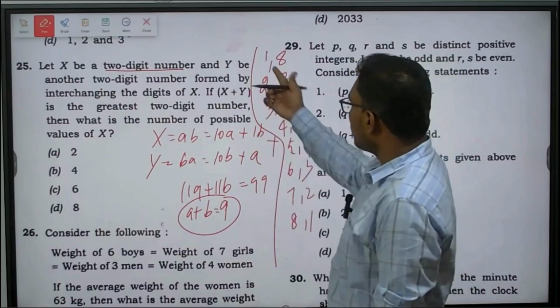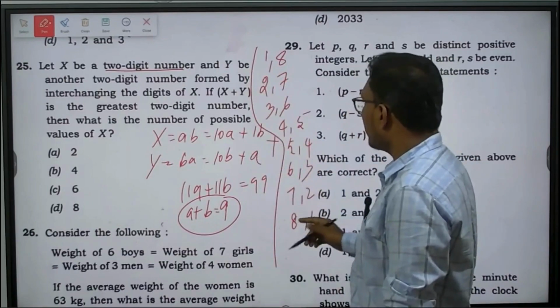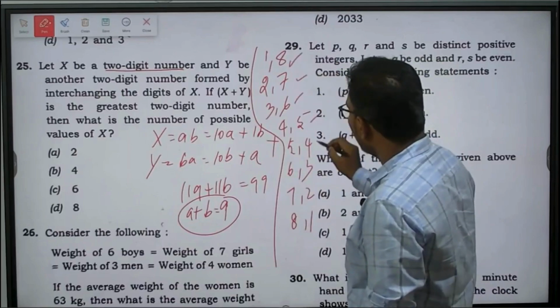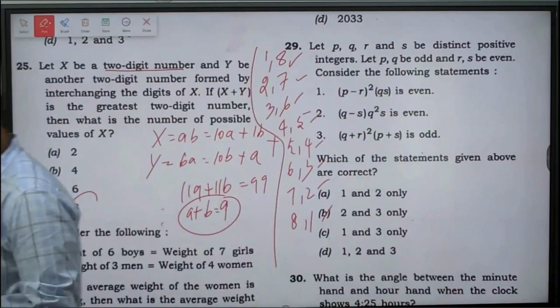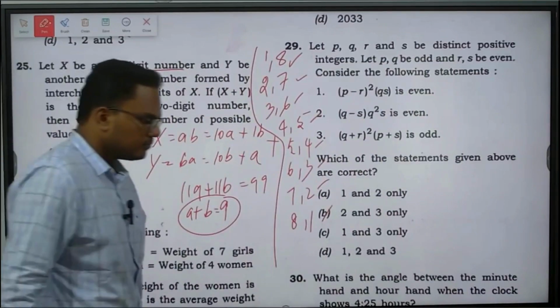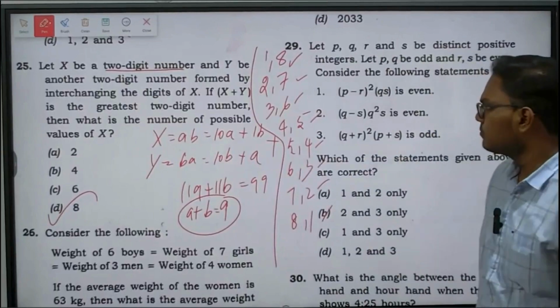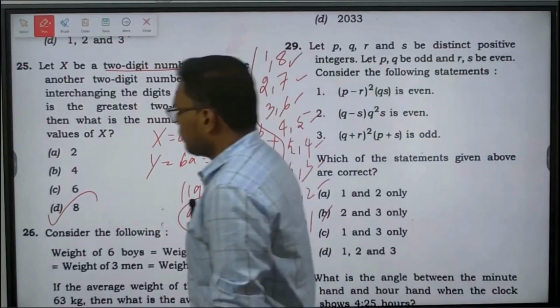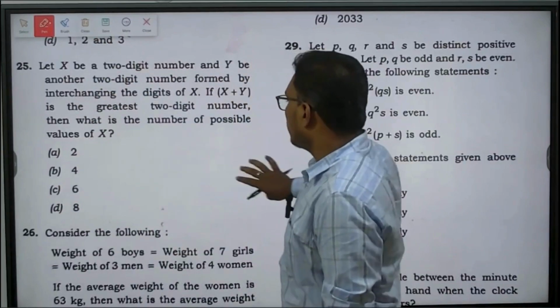So your AB can be 18, 27, 36, 45, 54, 63, 72, 81. So how many? 1, 2, 3, 4, 5, 6, 7, 8. Hope you got this. Go to the next question.